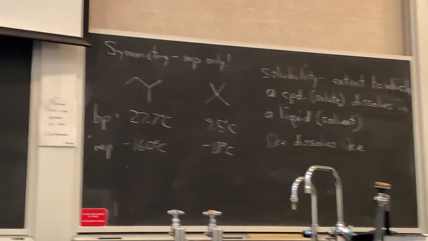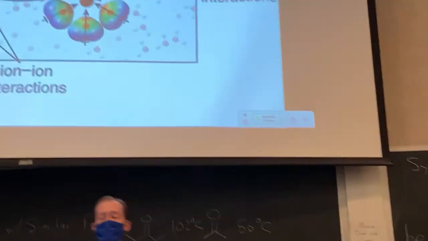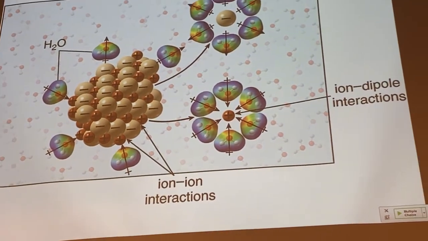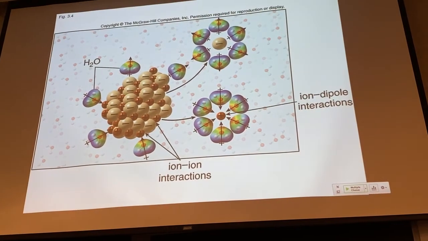There's a really nice figure in your book that shows what happens when an ion dissolves in water. So if you have an ion, usually you have this crystalline lattice, where you've got cations surrounded by anions and vice versa. And you've got these strong attractive forces, these ion-ion interactions, holding those crystals together.